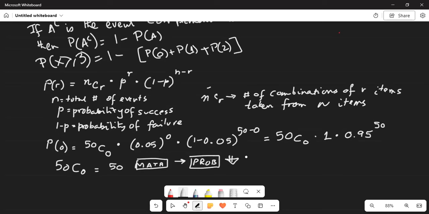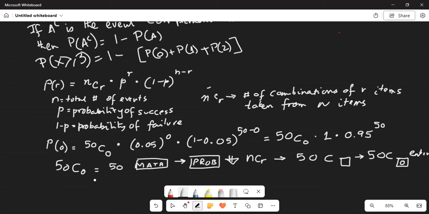Then I scroll down to NCR in the calculator and hit enter. And we will get 50C, and there will be an empty square at the bottom of C, where we will press 0, and then hit enter.